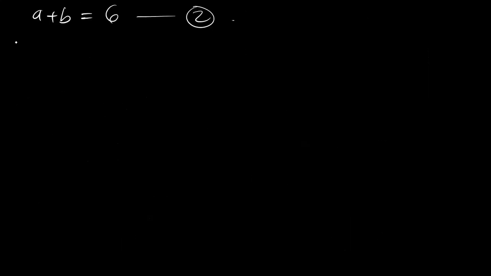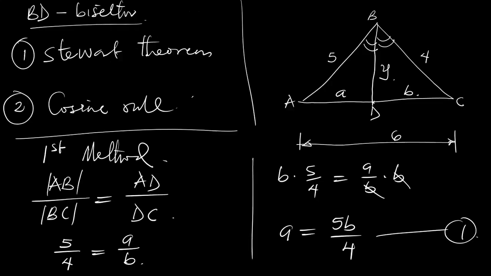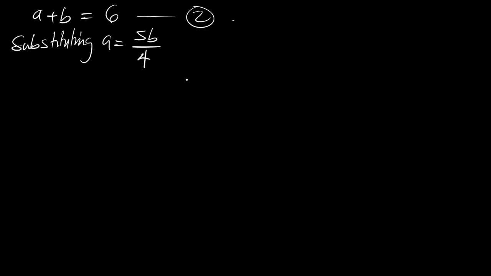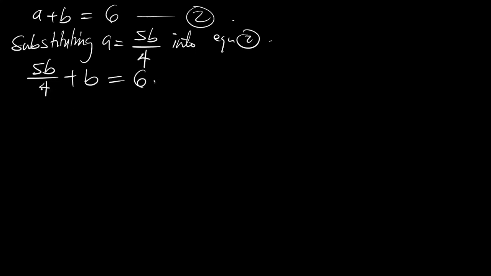Now, we can now say substituting A equal to 5B all over 4 into equation 2, anywhere we see A, we substitute 5B all over 4, so we have 5B divided by 4 plus B is equal to 6.